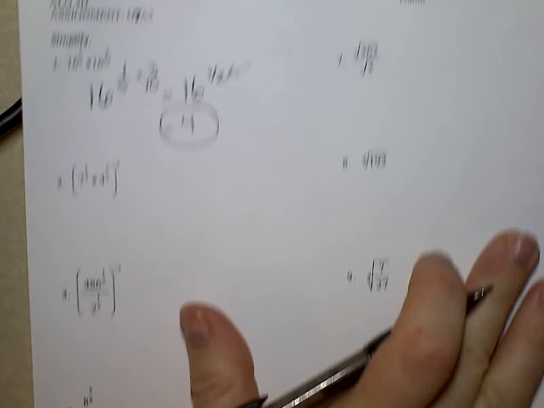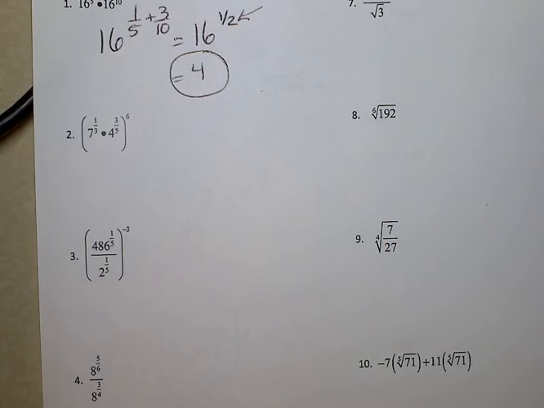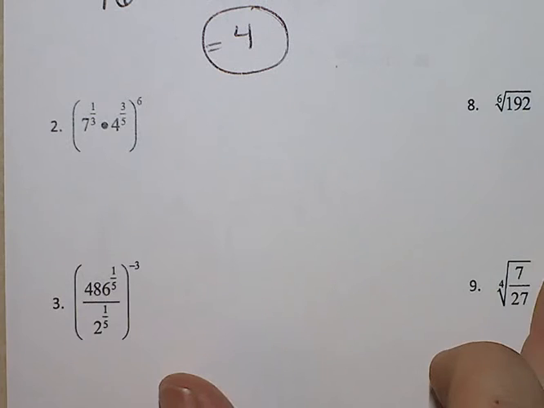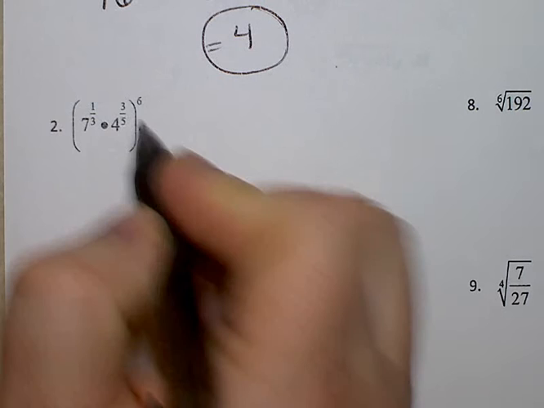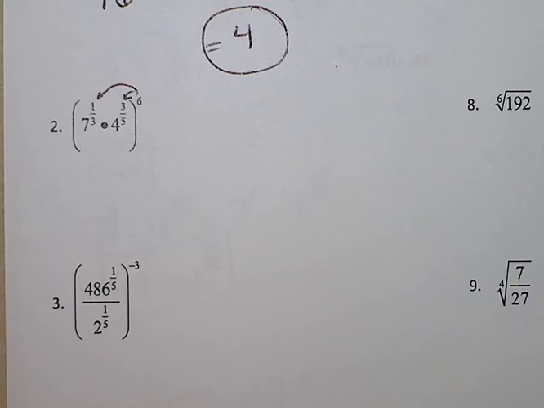Number 2, we have different bases and different exponents. So I'm going to take the 6 and distribute it to the numerator of both rational exponents.